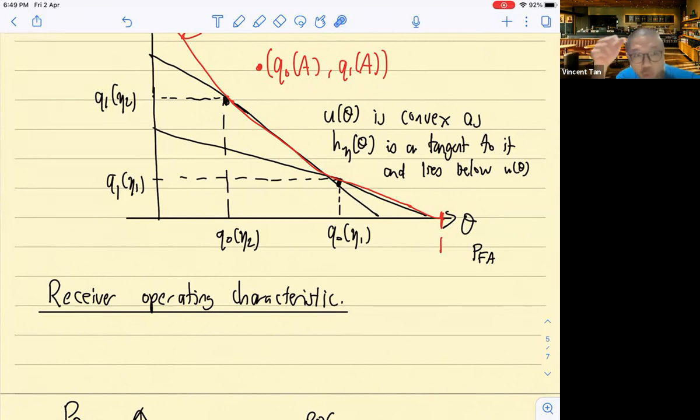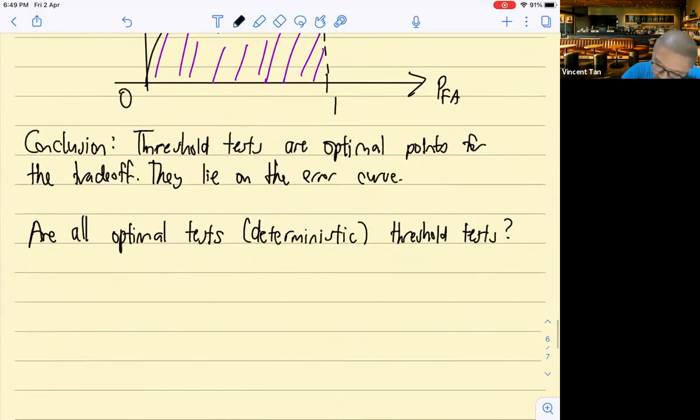Are there any holes in the red line for which you cannot use a threshold test to achieve it, and you need to use something special? Okay, so the answer here is surprisingly no. All right, there are some other tests that we have to use in order for us to achieve all points on the error curve.